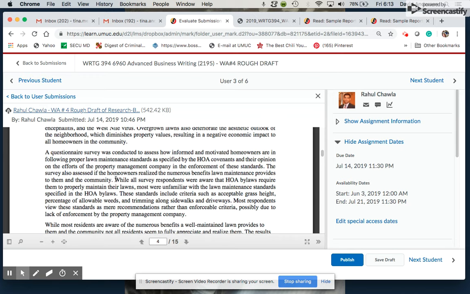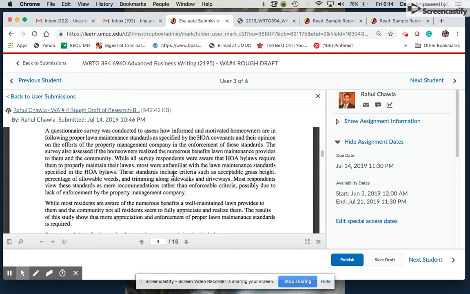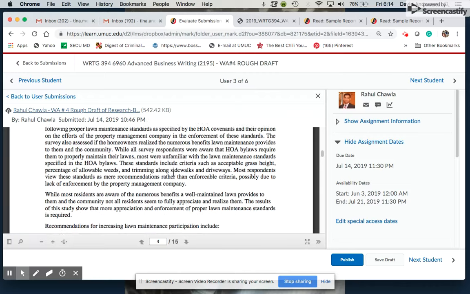So then say research shows non-compliance with HOA detracts from home value, leads to increased disease, and is unattractive. Those three areas come from your synthesis of the literature review, and then say a survey of local residents supports these three research-based findings.